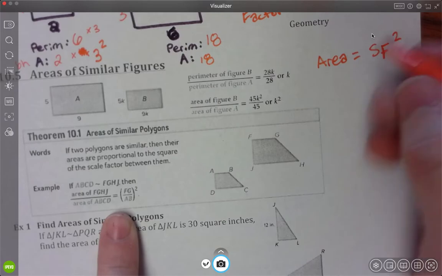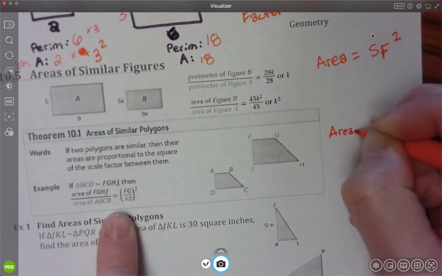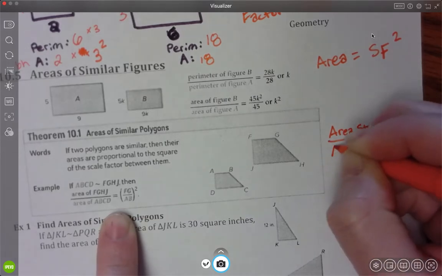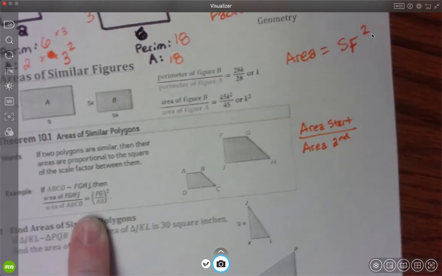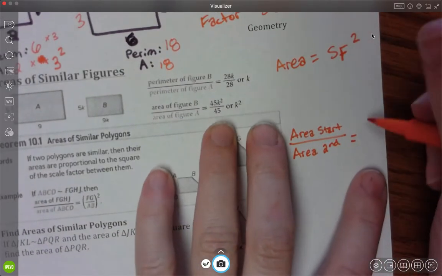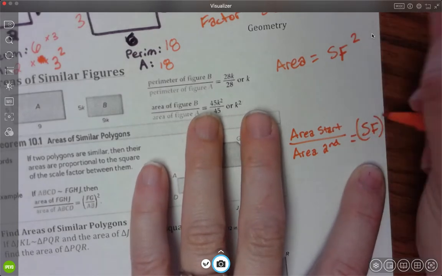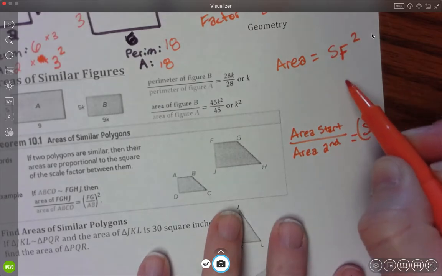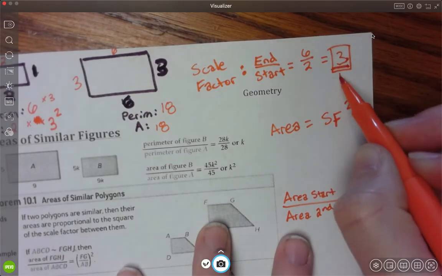We can do the area of the first figure divided by the area of the second figure is equal to the scale factor squared, okay? Scale factor is represented as a fraction, something over something, like a scale factor of 3 divided by 1.